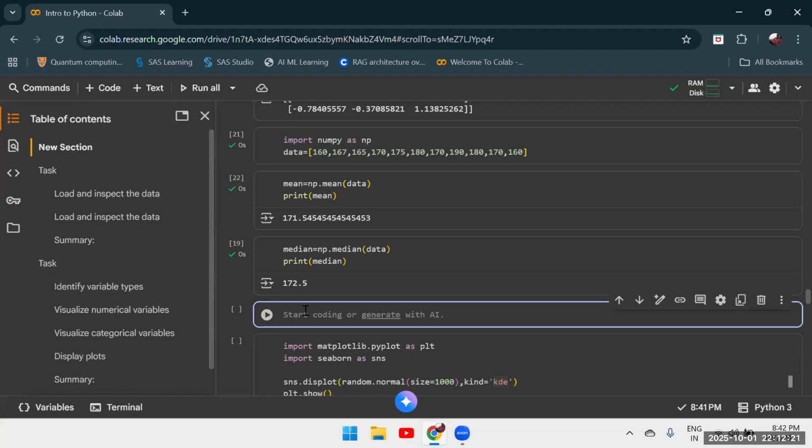So when are we going to use what is something we'll be seeing now. From a data science perspective, when to use these is really very, very important. So just keep this in mind.